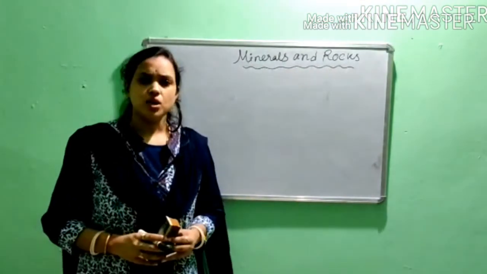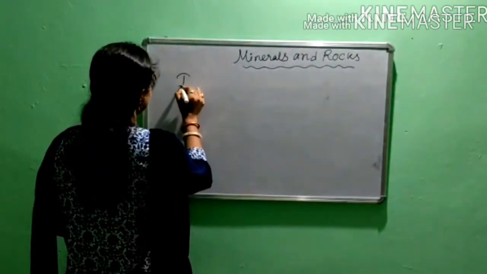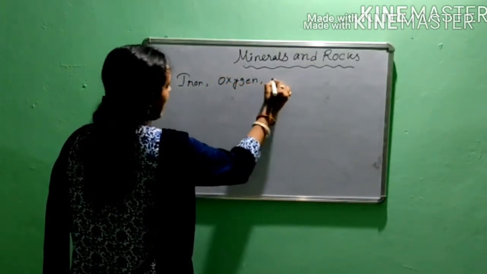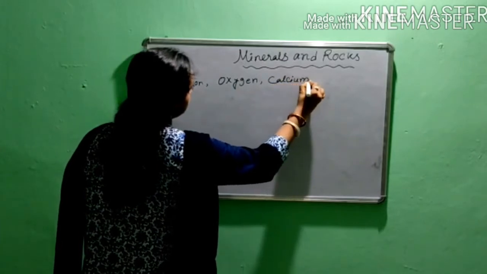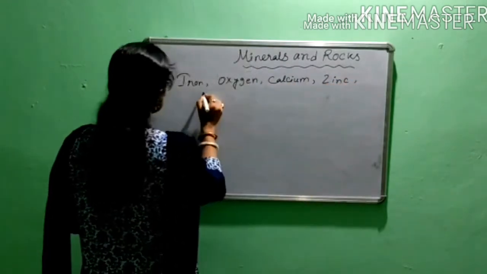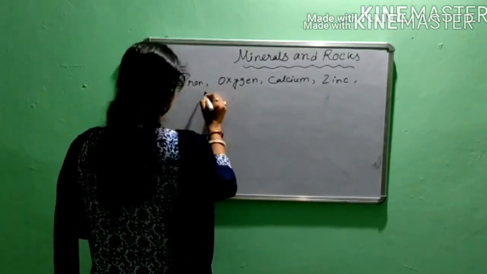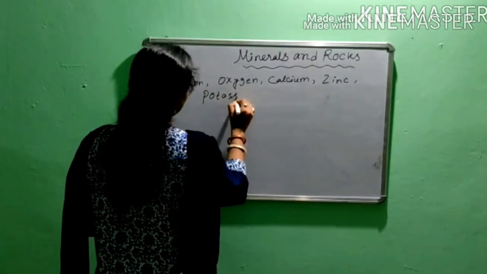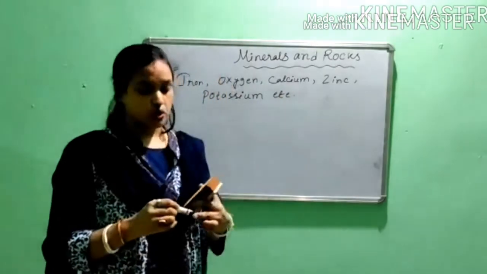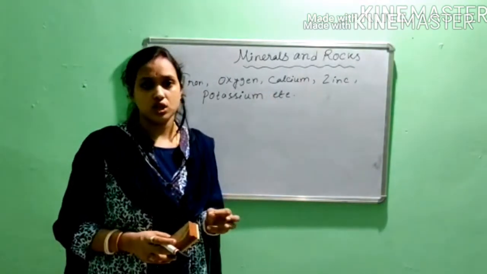In our earth crust, we find different types of elements such as iron, oxygen, calcium, zinc, sodium, potassium, etc. These are some elements which we find in our earth crust, and these elements are rarely found exclusively.